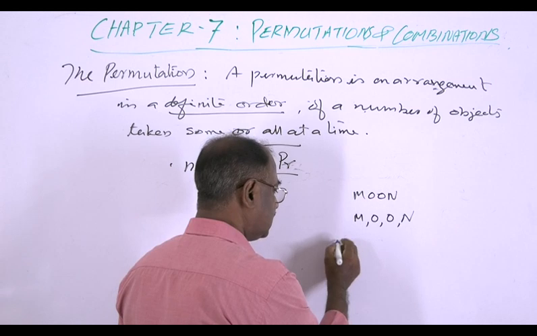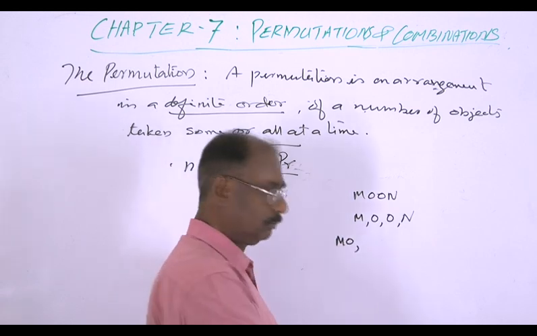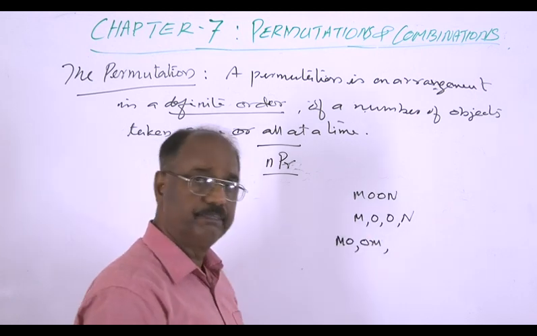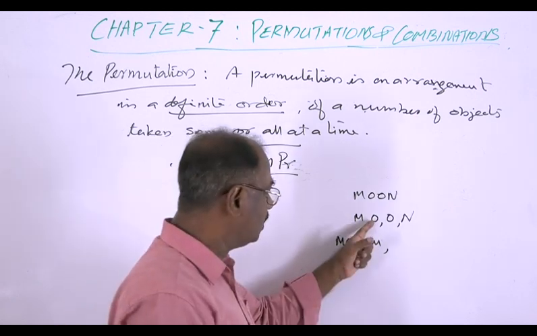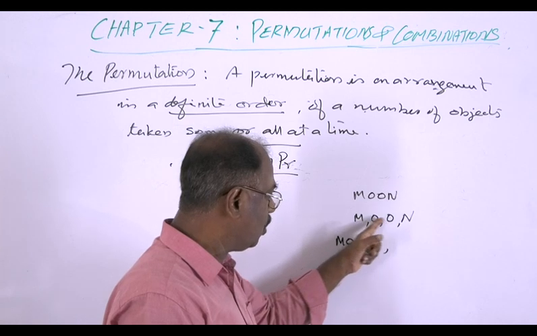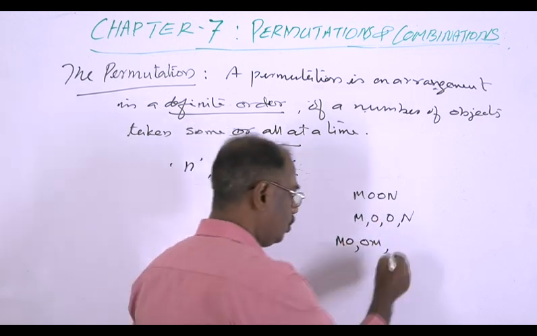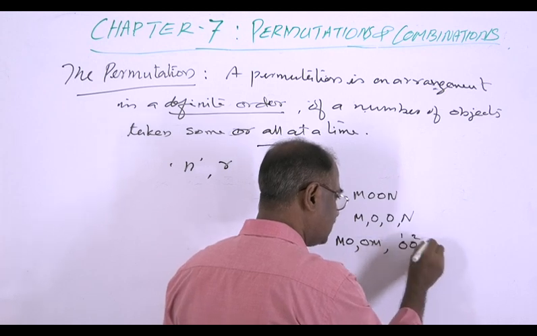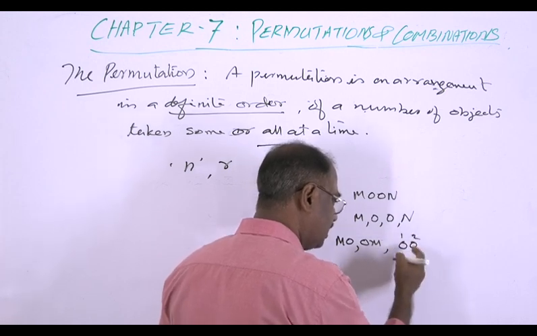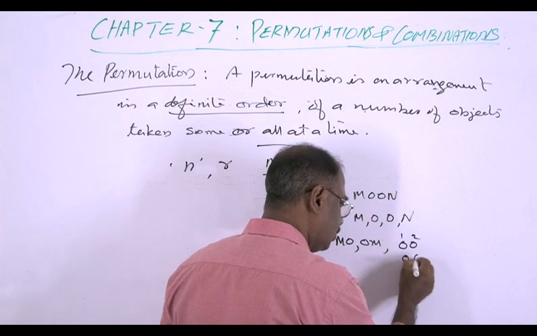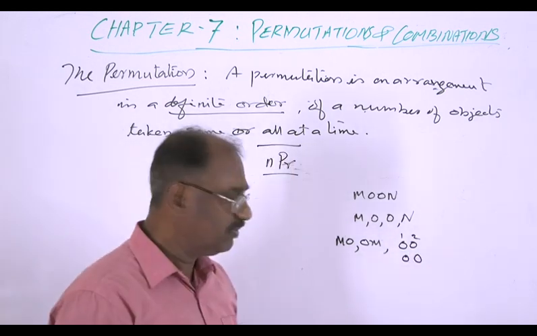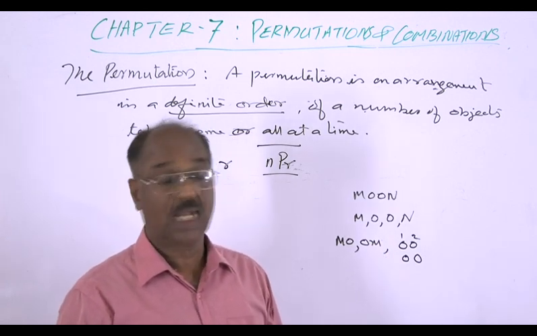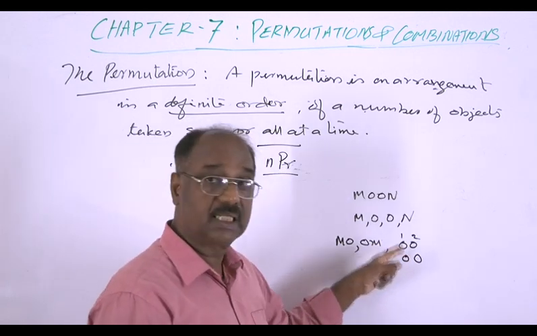So we can form M-O, a word, and O-M, another distinct word, with these two, M and O. Then with the two O's, this is the first O and this is the second O, and then again second O, first O, reversing. But if we reverse these, we get the same word, so these two can be treated as one.